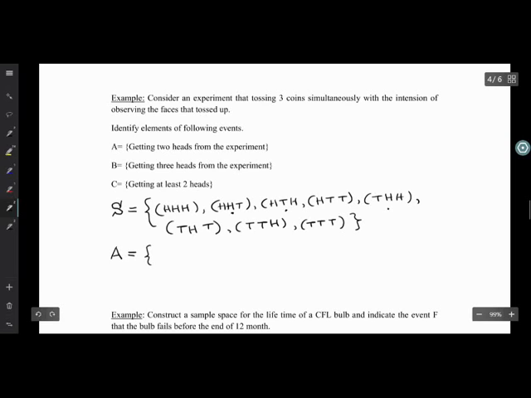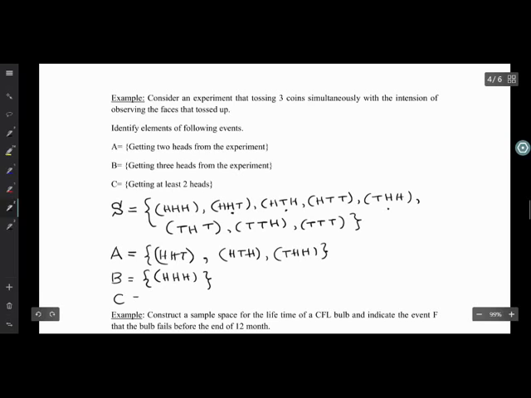Those are the elements in event A, getting 2 heads. Okay. What about event B? That is getting 3 heads from the experiment. We have only one, which is H, H, H.